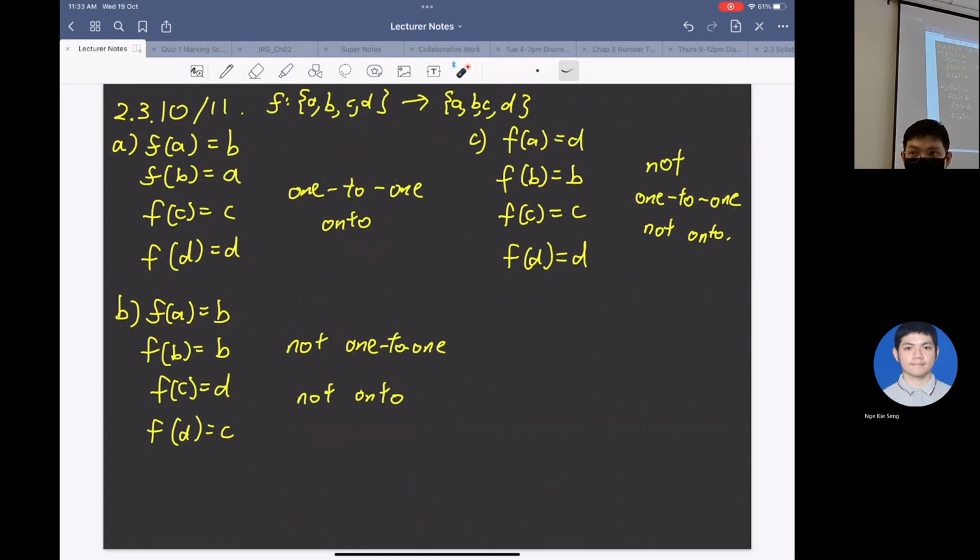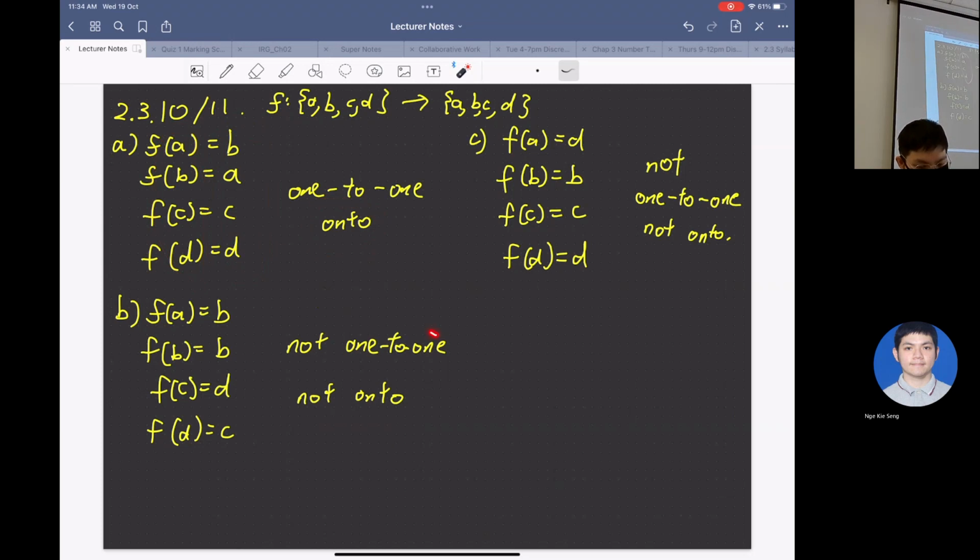And then 2.3.10 and 11. I just put these two together because you just check one by one whether they are one-to-one or onto. So these two, this is a map from ABCD to ABCD itself. First one is one-to-one and onto because everyone gets sent to a different element and then every element in the codomain has a preimage.